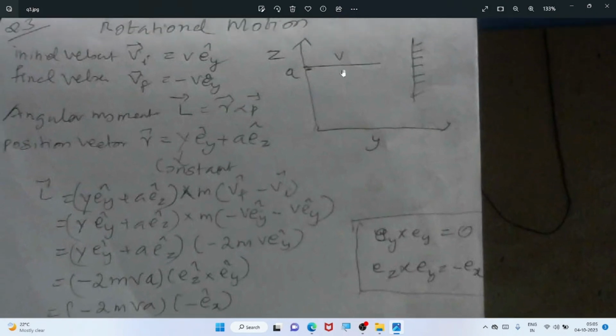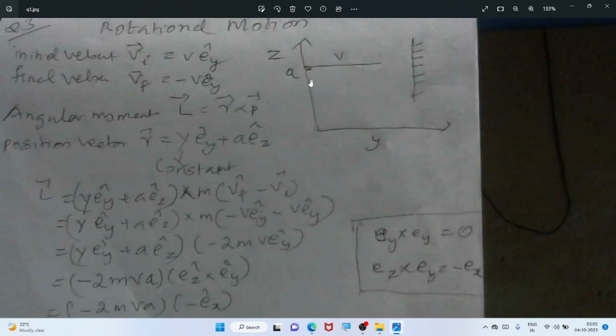So the velocity is v, direction is ey, the initial velocity. Then after bouncing back, it will be the same speed but in the negative direction, minus ey. The angular momentum about that point is L equals r cross p, position vector into linear momentum.